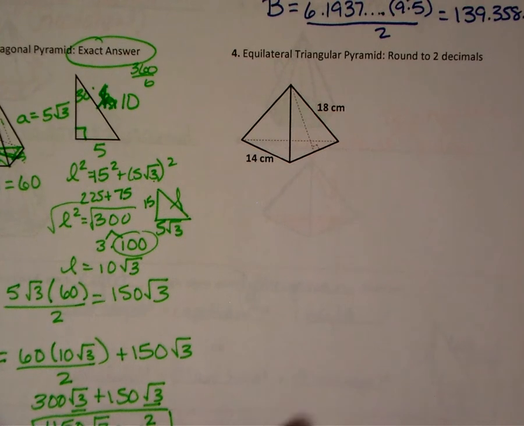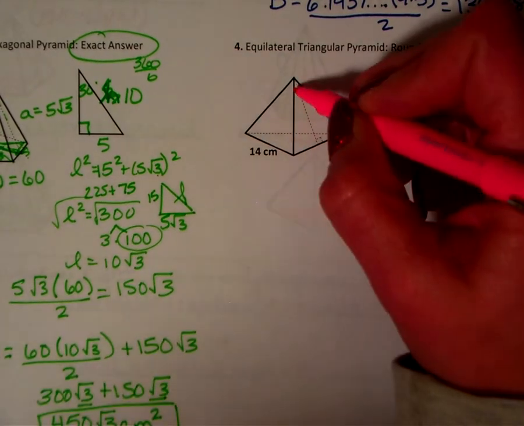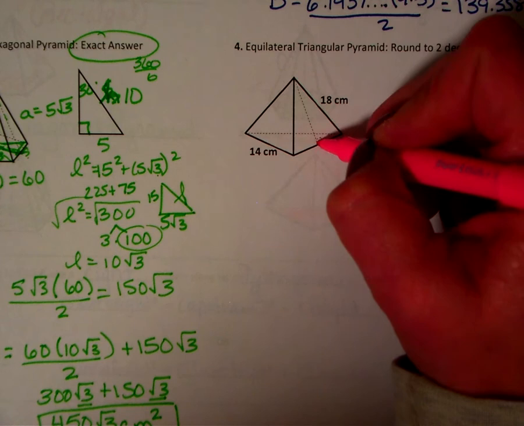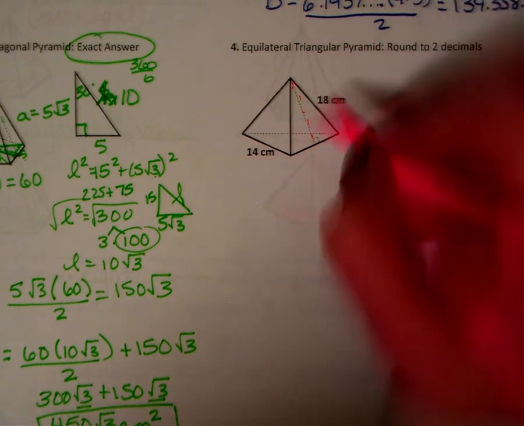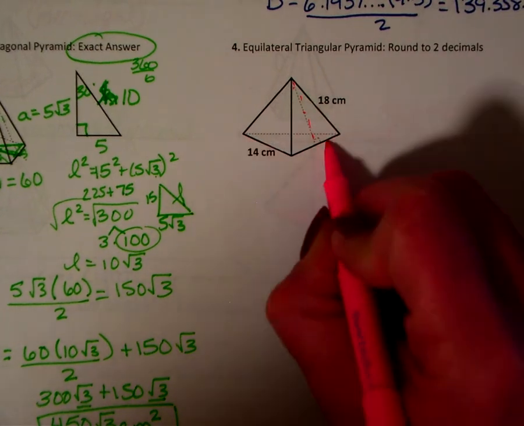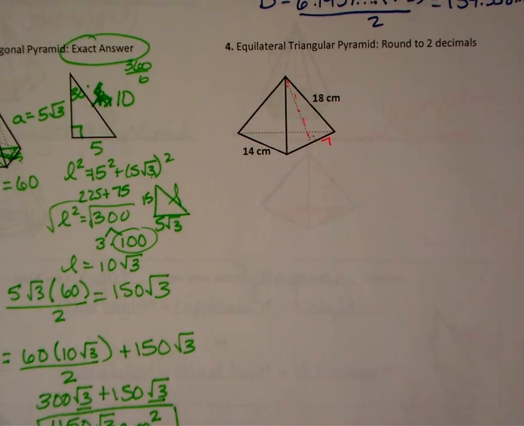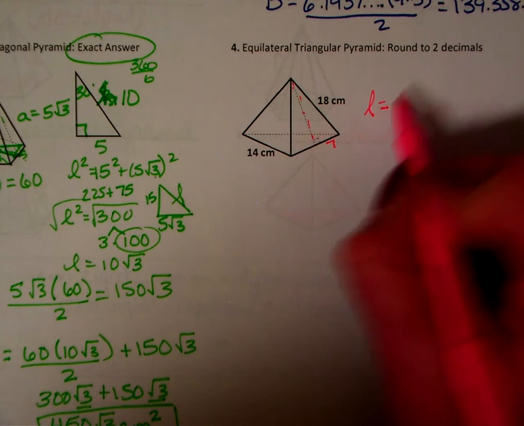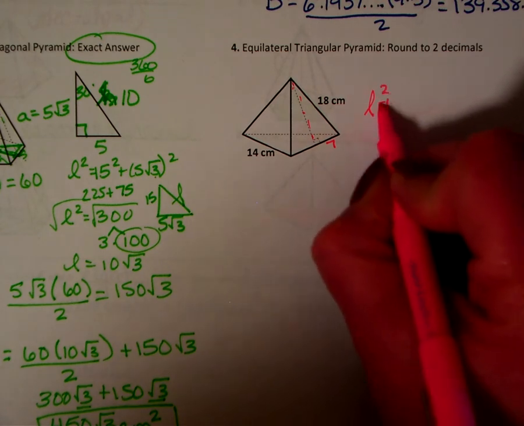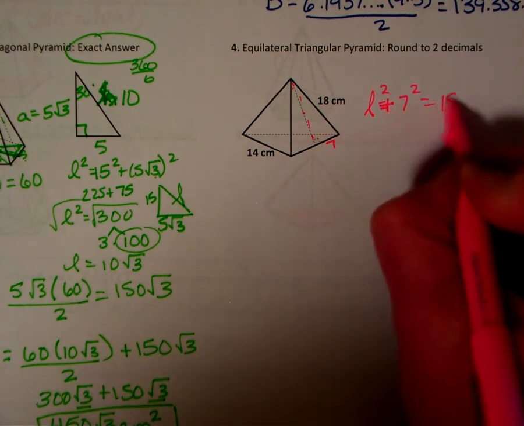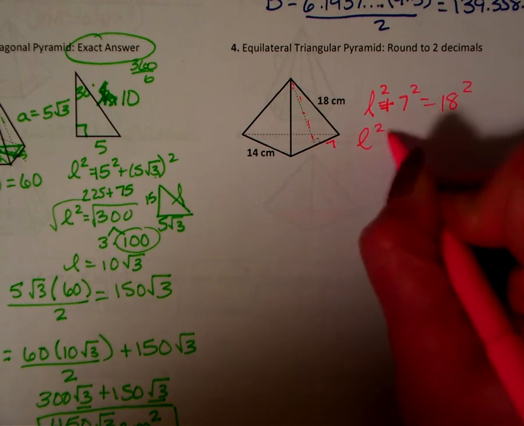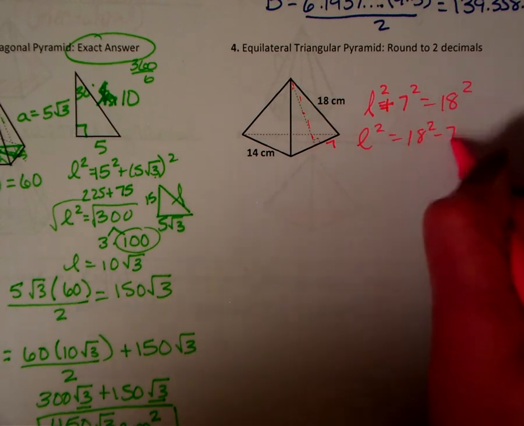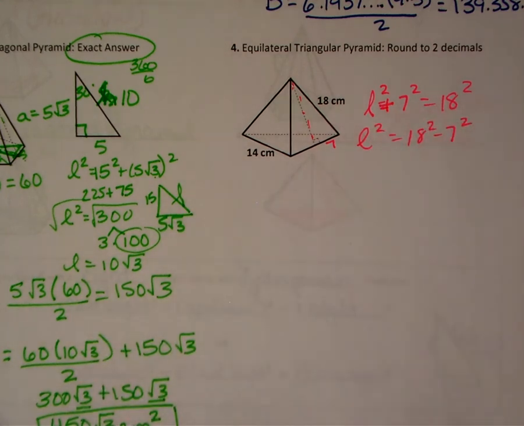Okay, this one is an equilateral triangular pyramid. So I can get my lateral height here, because I know that since this is 14, half of that is 7, equilateral triangle, right? So to get my lateral height, squared plus 7 squared equals 18 squared, so my lateral height squared is 18 squared minus 7 squared.